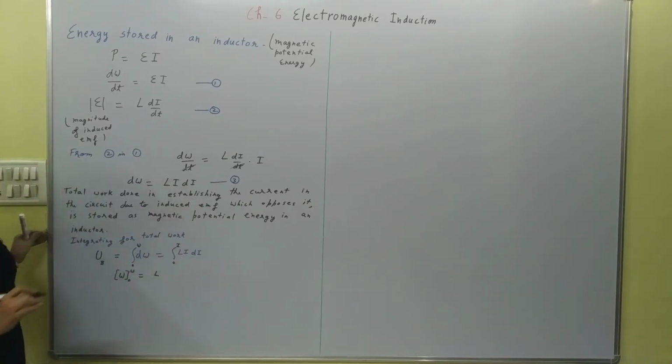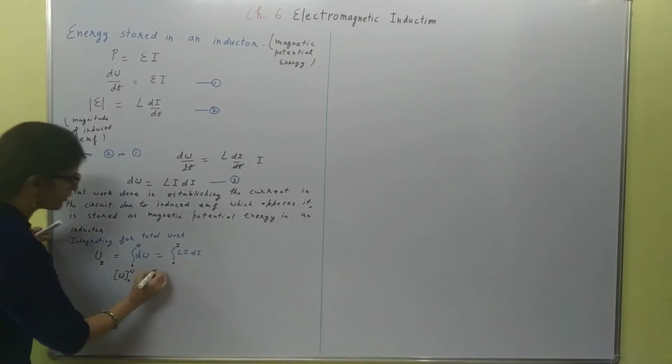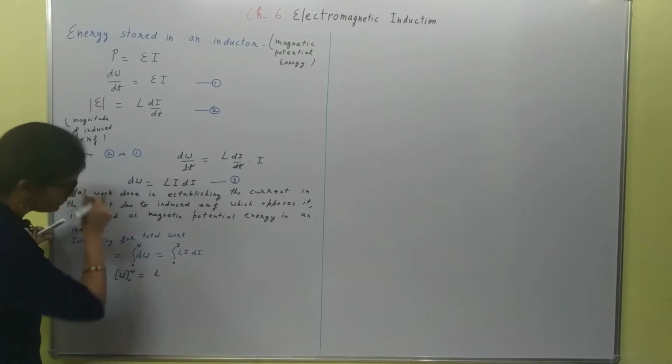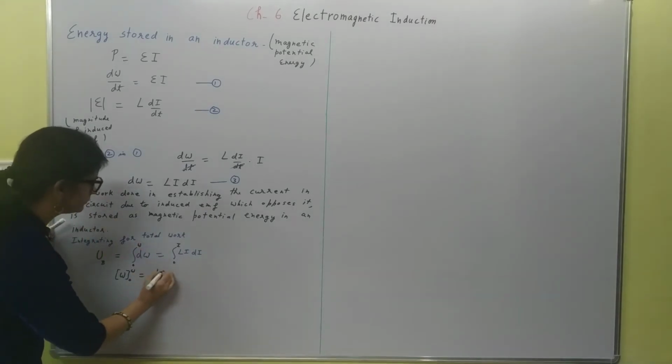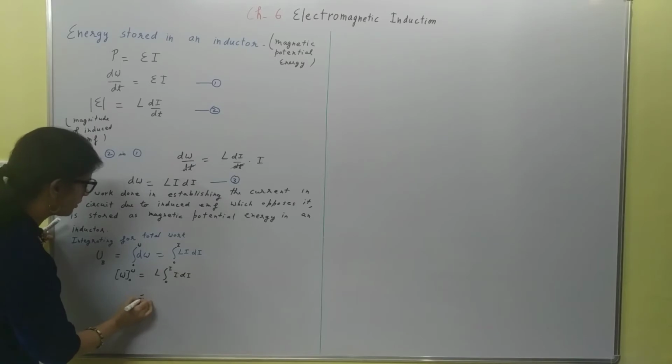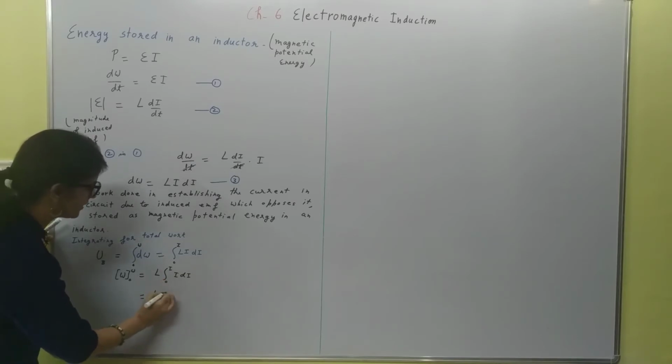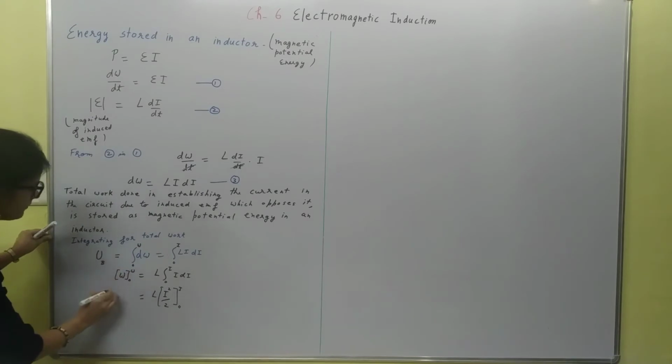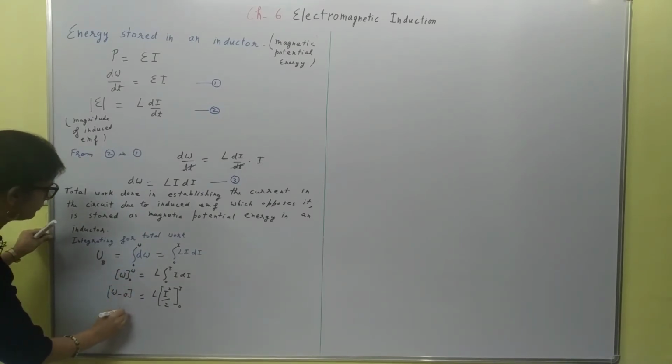L can be taken outside the integral sign because L depends on the geometry of the conductor and the medium which is there in the coil, and this can be written I di. So on the right side, integration of I is I square upon 2. Current is established from 0 to I, so it is upper limit minus lower limit. On the left side we have W which is stored as potential energy.